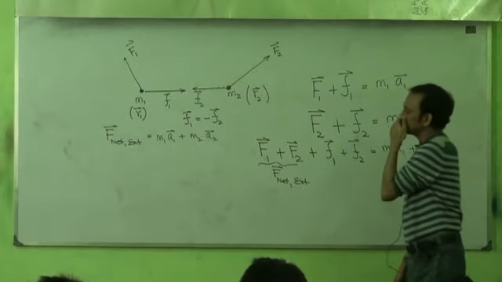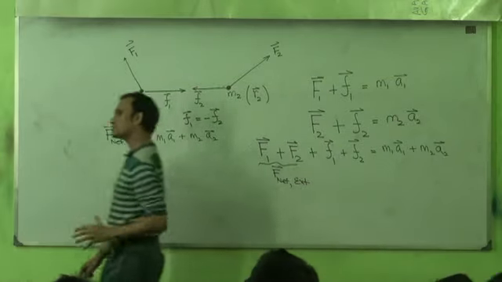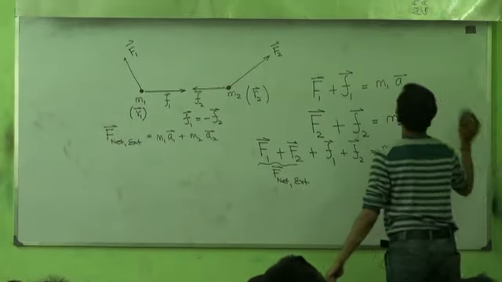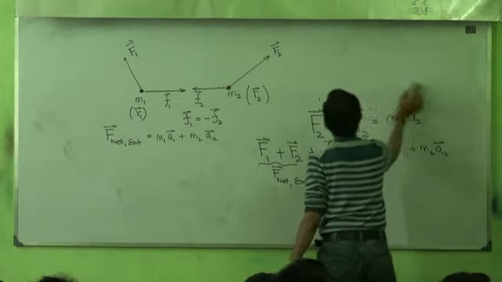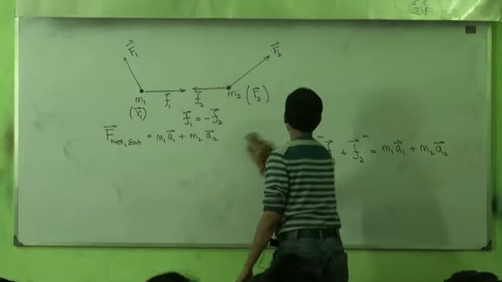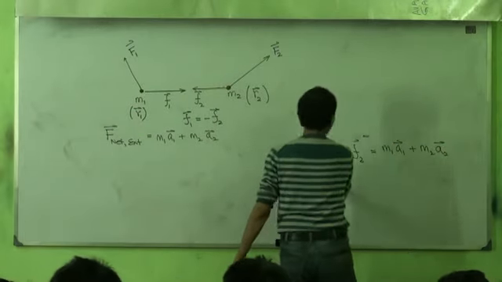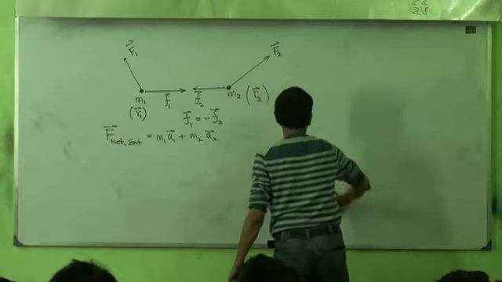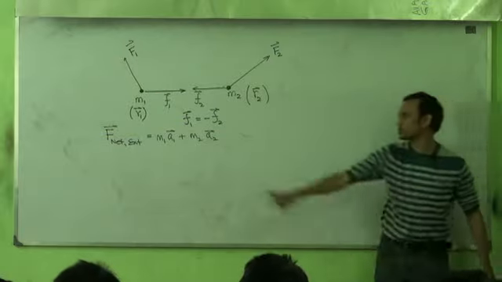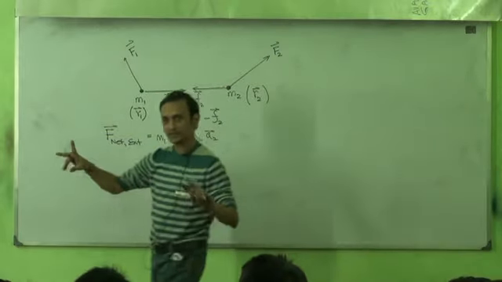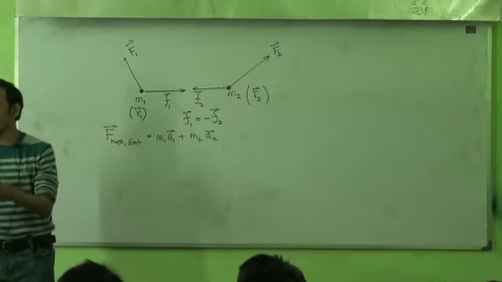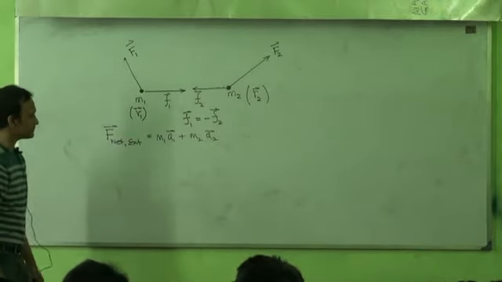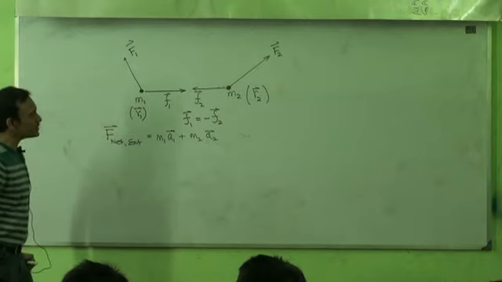Now what one could conceive is the following. For the system comprising M1 and M2, the unbalanced force is this F net external. The others were part and parcel of the internal action-reaction, cancelling off conveniently.